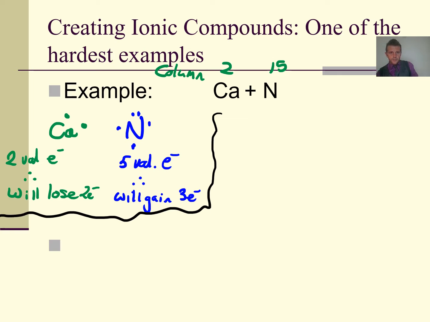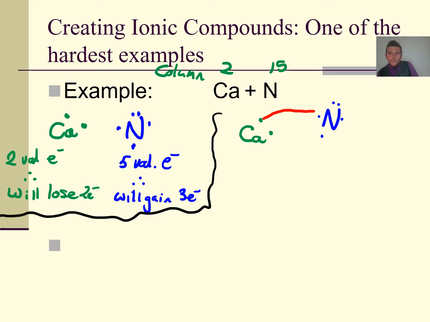Let's just sequester that over to the side. I'm going to start to draw all of this out by showing the electrons moving around. So there's my Ca. Here's my nitrogen. I know nitrogen wants to gain electrons and calcium wants to lose electrons.